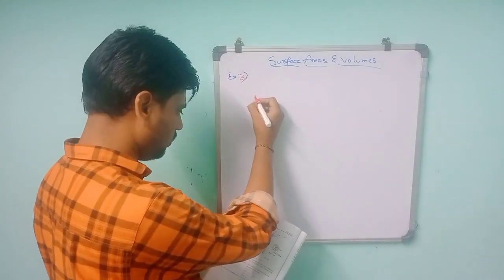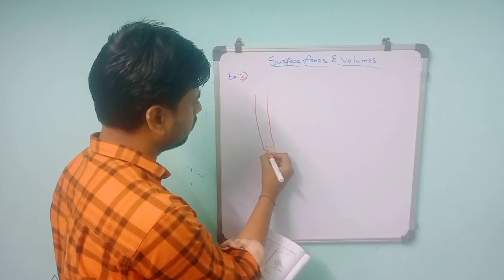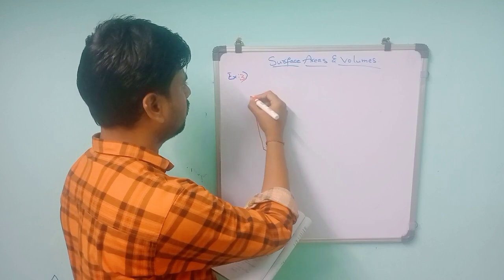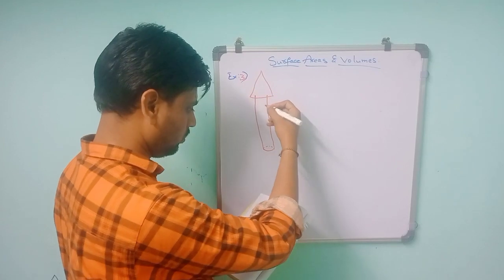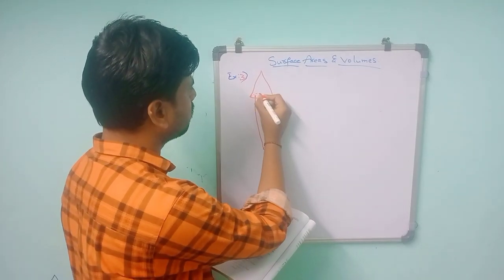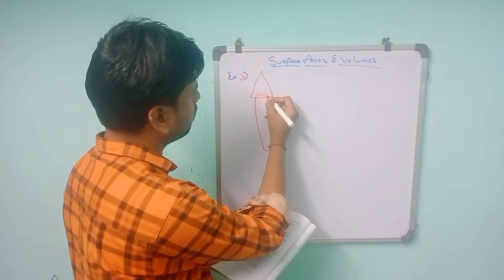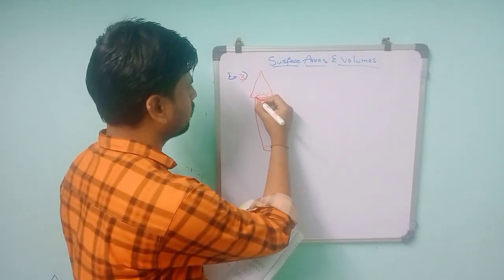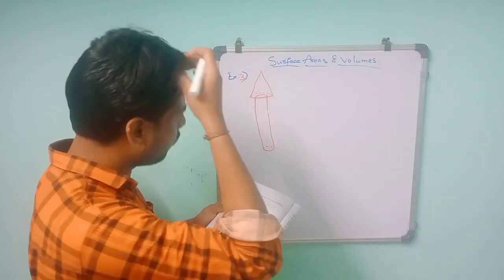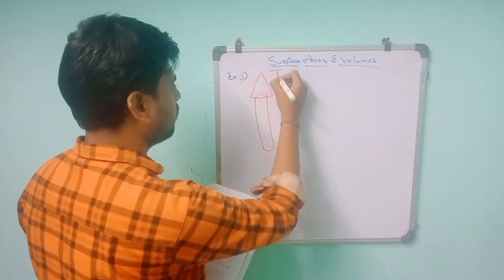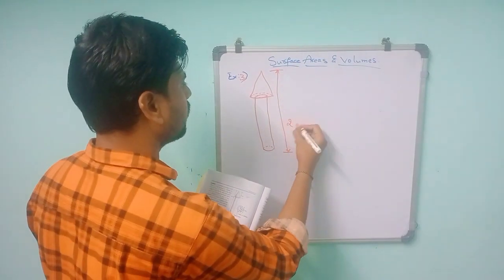If you see the figure, this is the cylinder, then this is the cone. It is a wooden toy rocket, and the height of the entire rocket is 26.